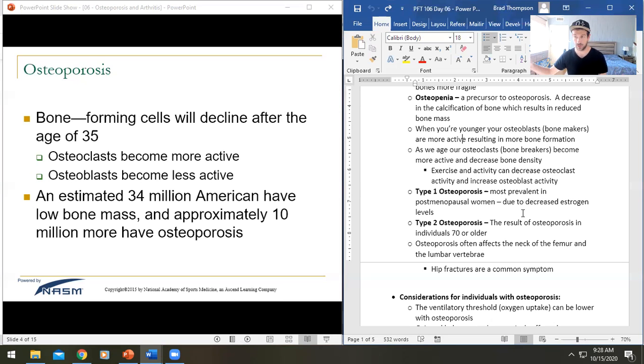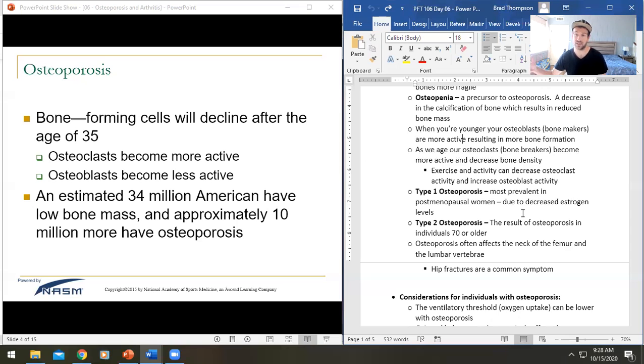When we get older, we need to make sure that we stay active, because by staying active, you are creating microscopic imperfections in your bones and in your muscles, and your body's going to go, crap, I've got to keep this stuff alive. We need to meet the demands of an active lifestyle.